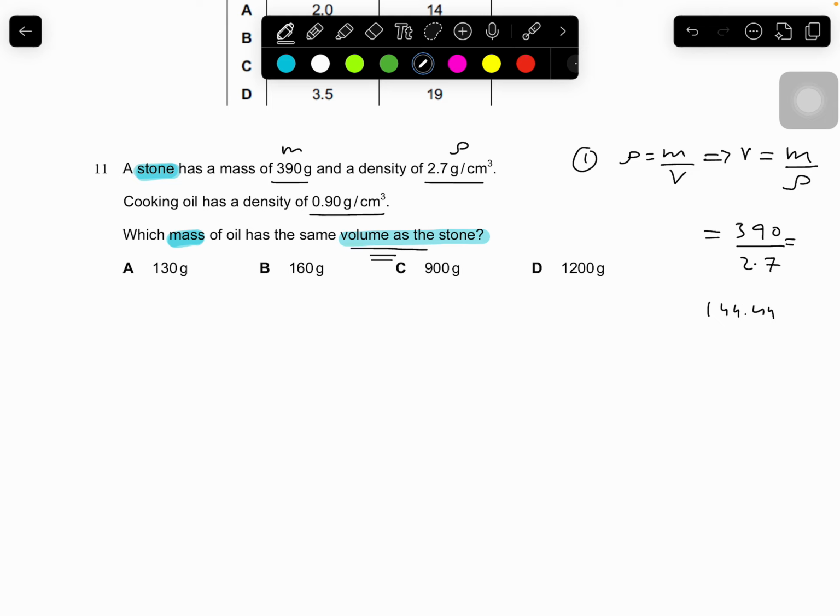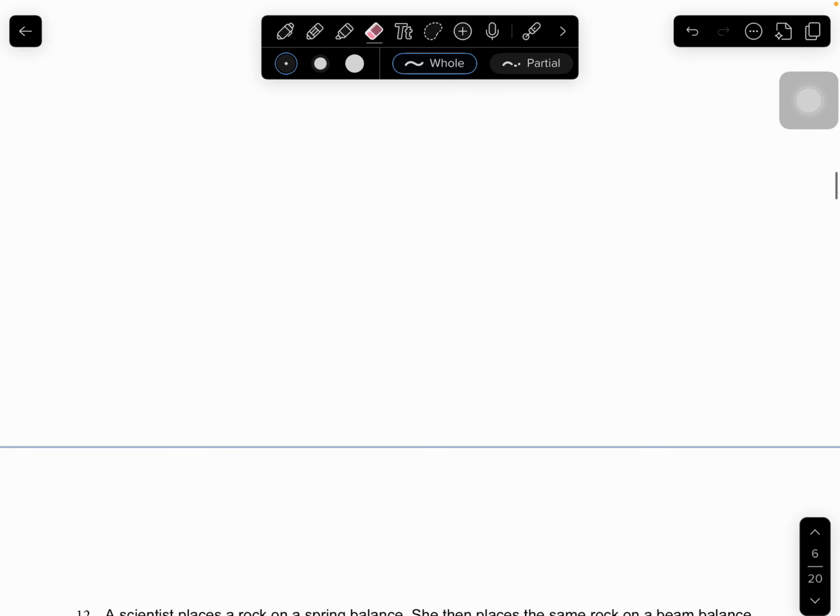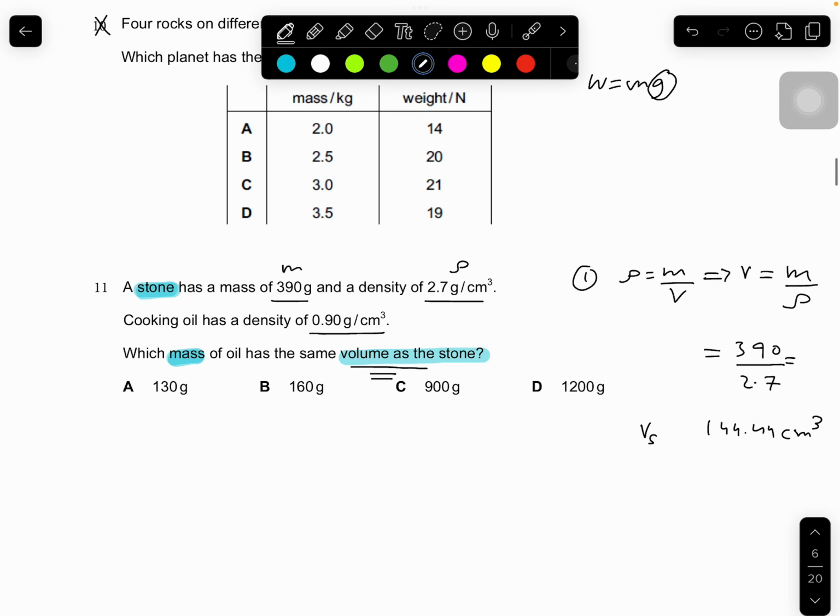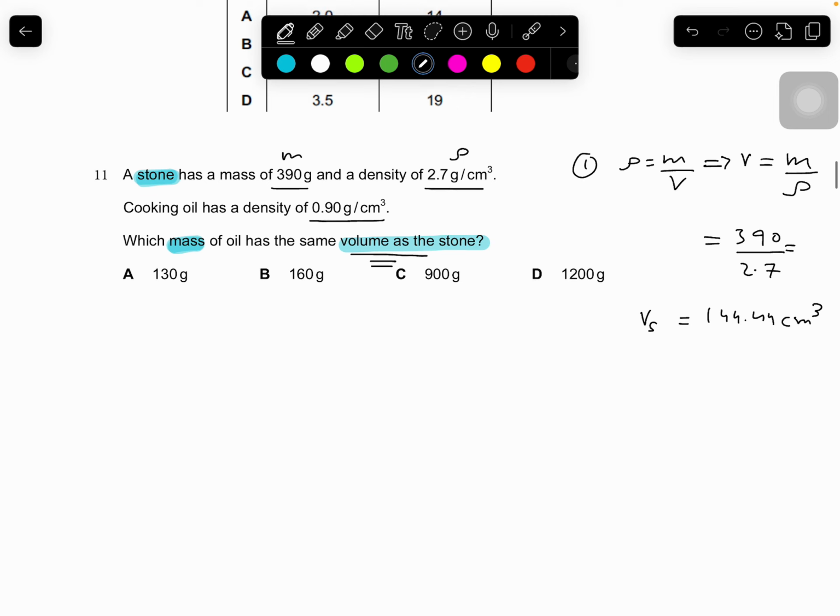So this is cm cubed. Please don't forget the units. This is the volume of the stone. So I can say V sub S is equal to 144.44 cm cubed.